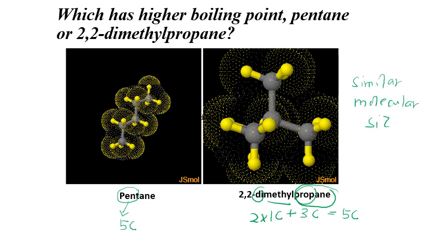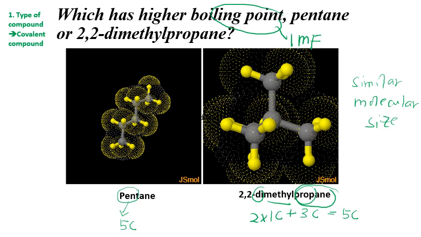Okay, so again, when we want to know which one has a higher boiling point, we have to relate to the intermolecular force. At first, again, we have to know the type of compound for pentane and 2,2-dimethylpropane. They are covalent compounds because both carbon and hydrogen are nonmetals.